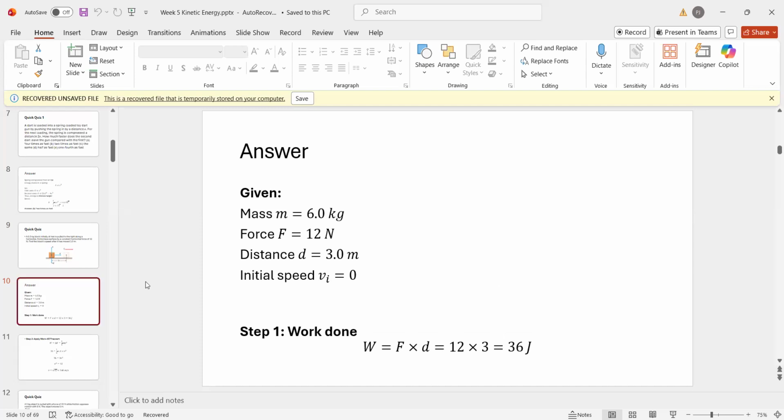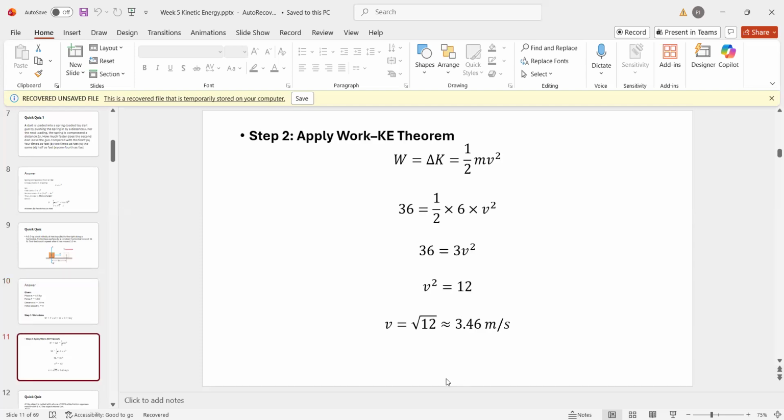So now the first thing we will find is the work done. We know work done is force times the distance. So you find your work done first. So after finding the work done, so now the kinetic energy, half m v squared, is equal to the work done.